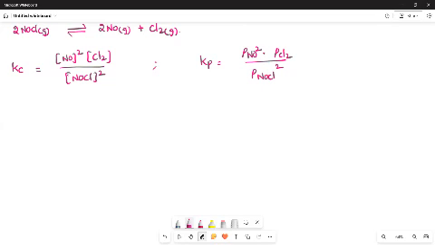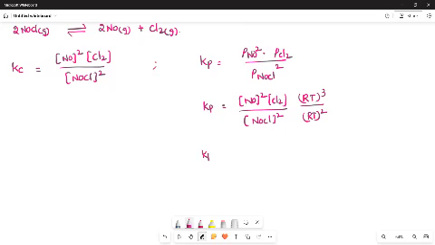So now what will be the relation between Kp and Kc again? Therefore, Kp is equal to the concentration of NO power 2 and the concentration of Cl2 divided by the concentration of NOCl power 2, and that implies here it will be RT power 3 divided by RT power 2.